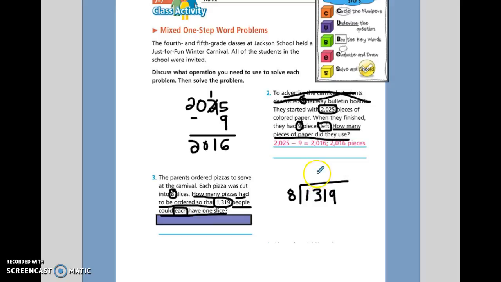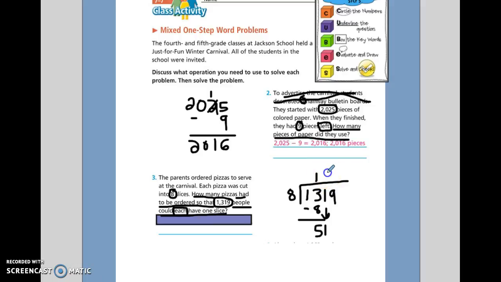8 goes into 13 one time. So I get 8. I subtract, get 5. And I look over here, I can bring on down my 1. You think, how many times does 8 go into 51?